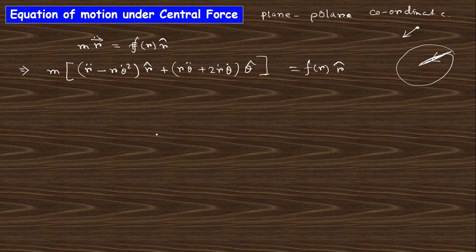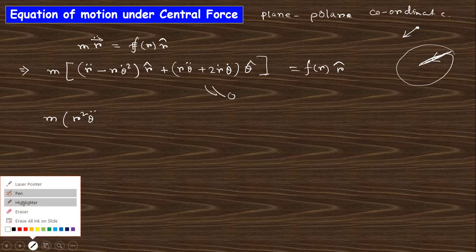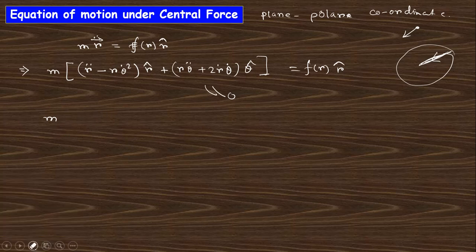You can see there is only an r cap term, there is no theta cap term, so the theta cap term will be 0. So you can write m (r theta double dot plus 2 r dot theta dot) equals 0.